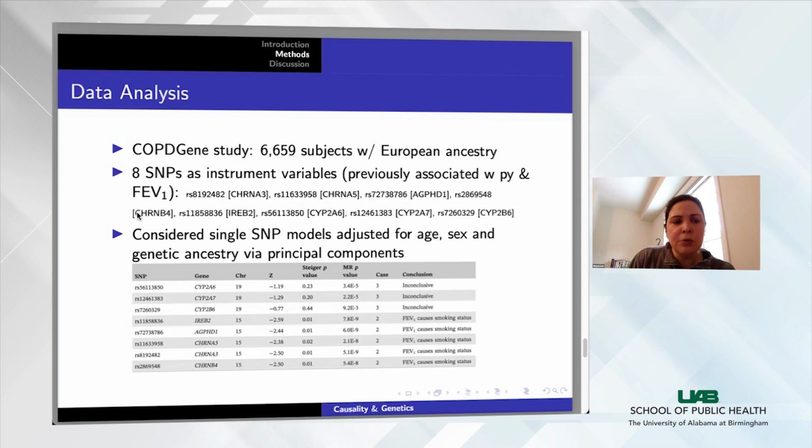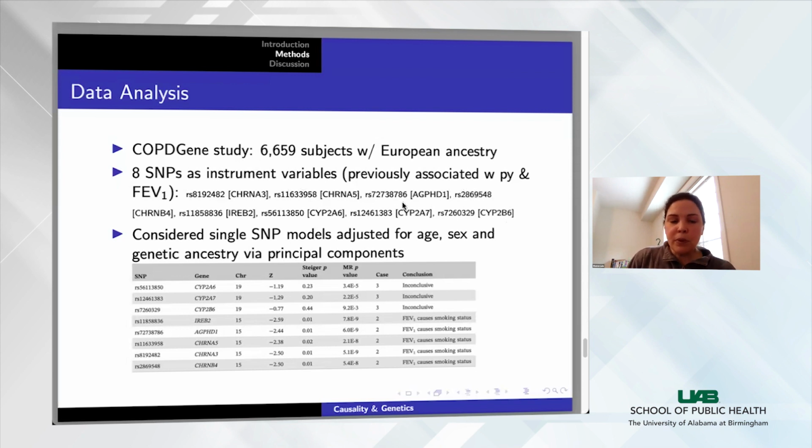So is IREB2, CHRNB4, and AGPHD1. And then the chromosome 19 region, we have the CYP2A6, CYP2A7, and CYP2B6. And these are all regions that have previously been associated with both smoking and lung function. And so that's why we thought they'd be good candidates, because potentially there were maybe issues with pleiotropy associated.